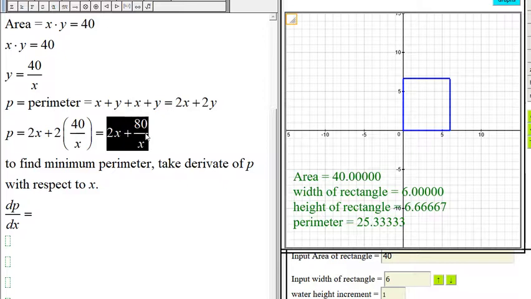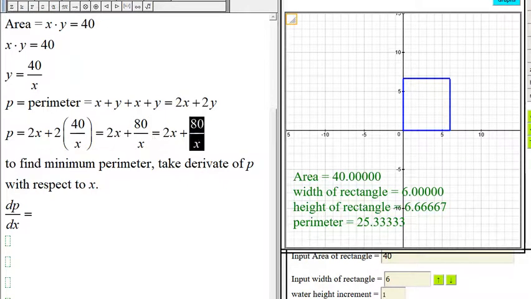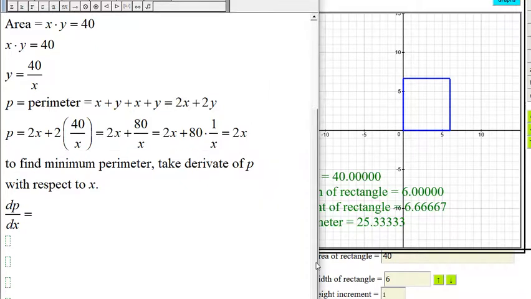Let's go ahead and rewrite this. This is the same as 2x plus 80 times x to the negative 1. This is the same as 80 times 1 over x, and then this becomes 2x, and 1 over x is x to the negative 1.